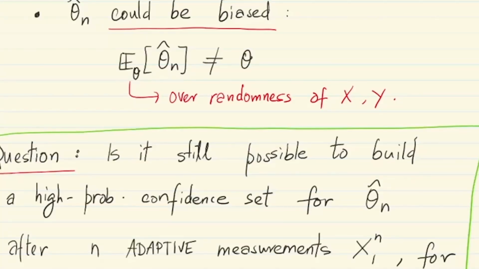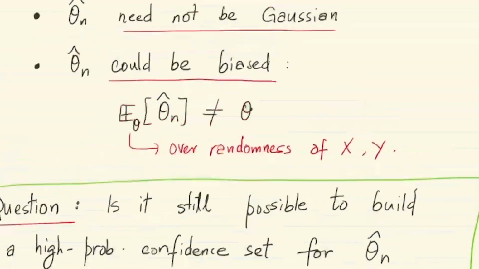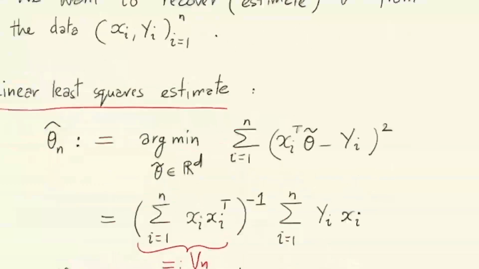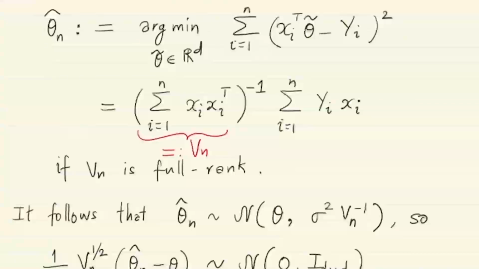Note that even at a fixed point in time small n, the pattern of taking measurements x1, x2 up to xn could have a general distribution and be random. So one has to worry about that aspect as well. The same Gaussian theory doesn't hold because theta hat n, which is Vn inverse times the summation of yi xi, is such that both the Vn part and the yi and the xi's are all random.